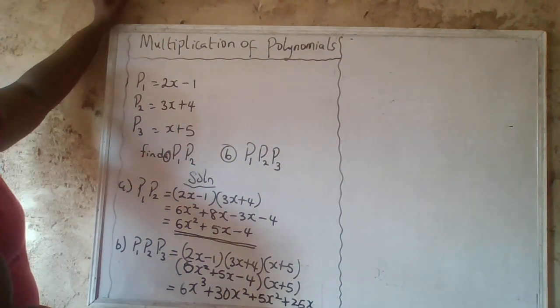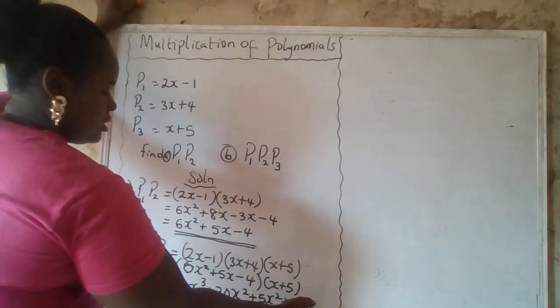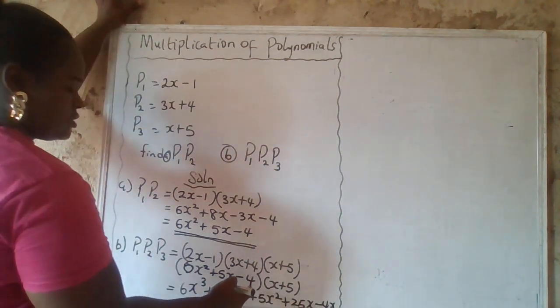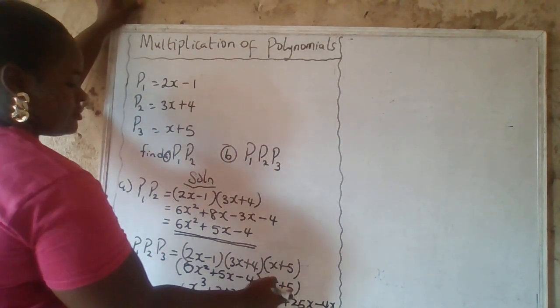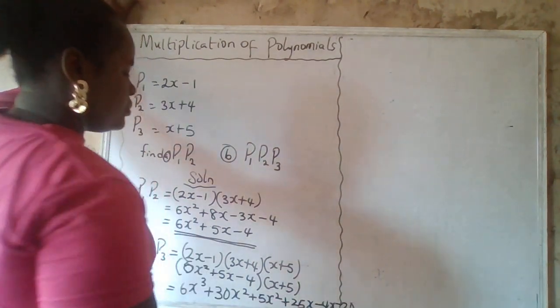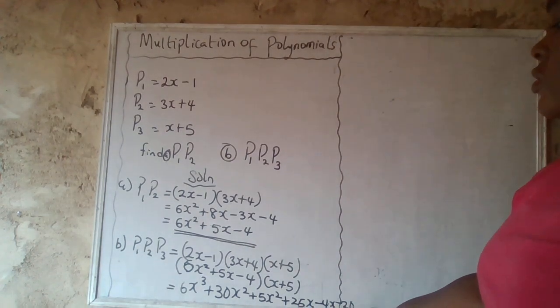We move on again. Minus 4 times x will give me minus 4x, and minus 4 times 5 will give me minus 20.